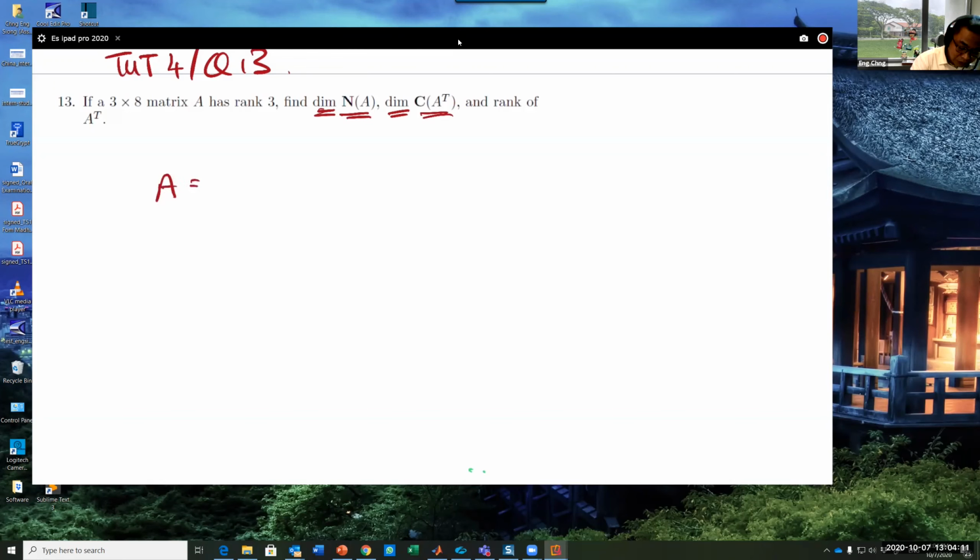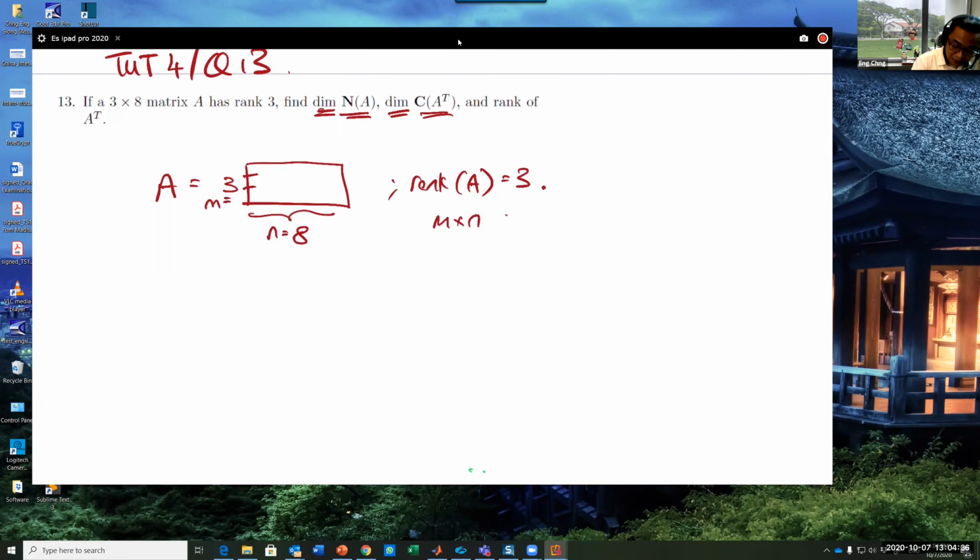A is 3 by 8, so it has 3 rows and 8 columns. The rank of the matrix is given to us as 3. Let's call this M and this N. So M by N is 3 by 8, where M represents the number of rows and N represents the number of columns.